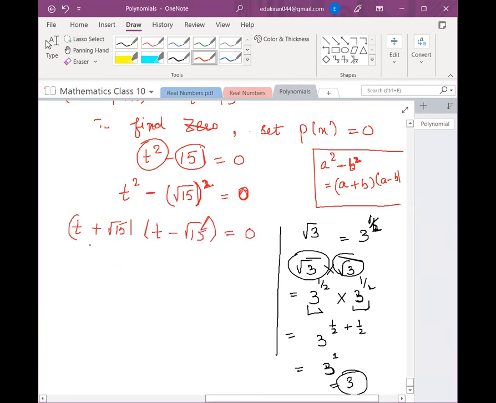I'll set each factor to 0. If t plus under root 15 is equal to 0, take the 15 to the other side, so t is equal to minus under root 15. From the other factor, t minus under root 15 is equal to 0, so t is equal to plus under root 15. So we have found the two zeros: minus under root 15 and plus under root 15.